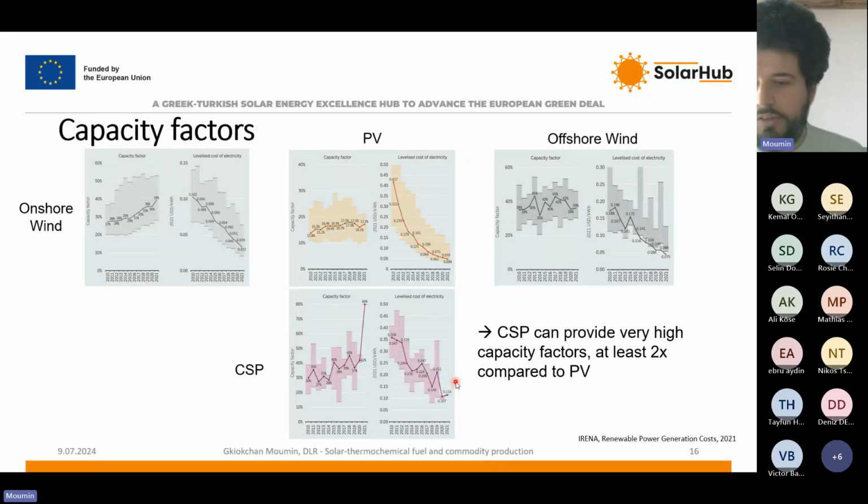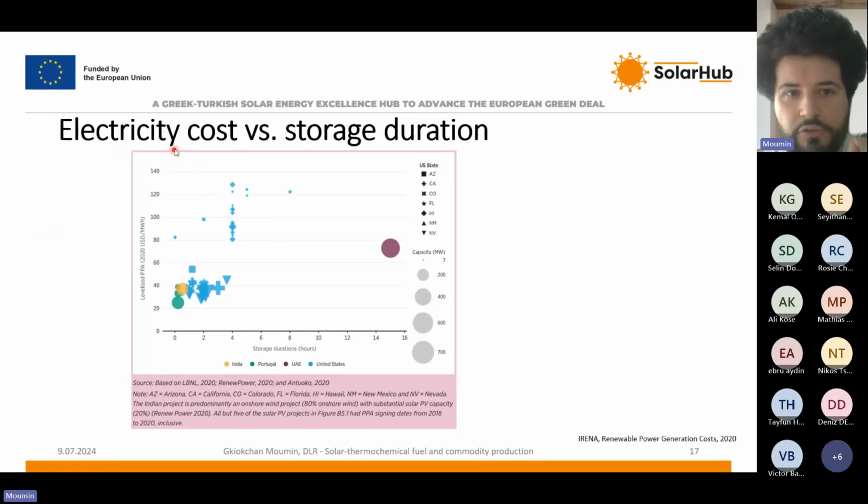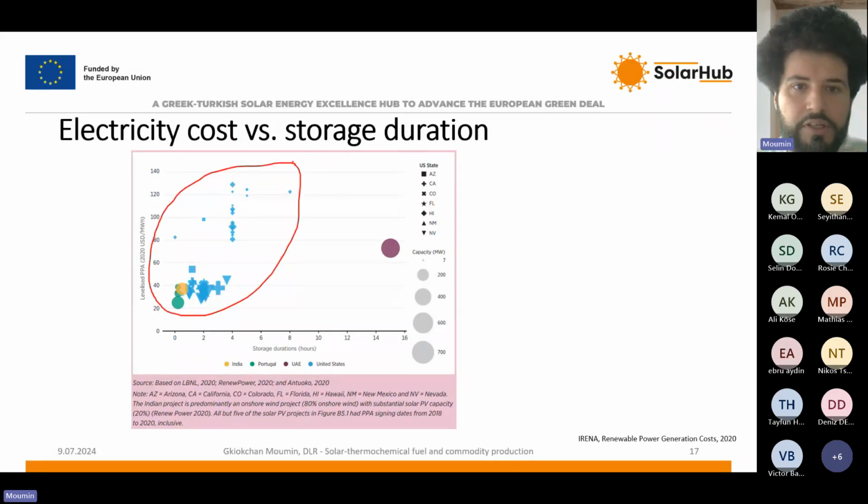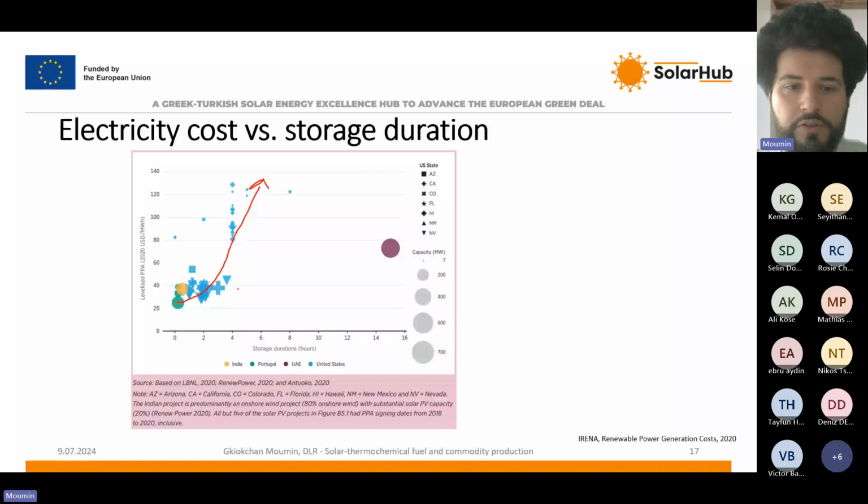And we will see this in the next chart. So if we look at the electricity cost versus storage duration, we have on the left-hand side here PV installations with batteries, and you can see basically a trend upwards. So if we just say, what is it here, it's 4 hours, then the cost basically increases by several factors.